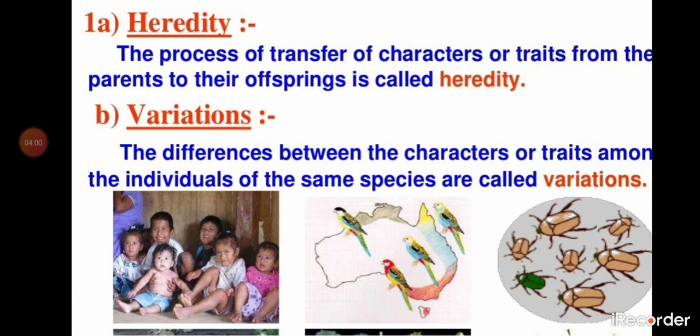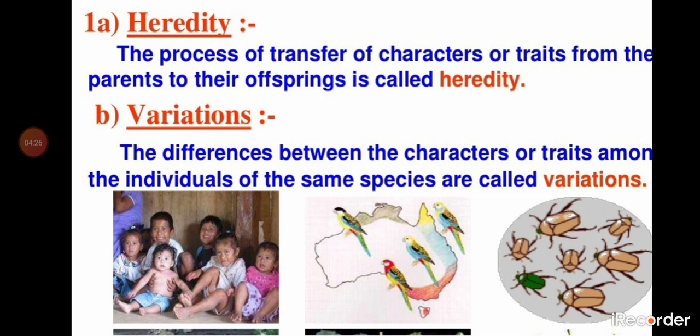Next we want to see what is variation. Now look at the slide. While passing the information from parents to offspring, automatically all children or babies won't be exactly similar to their parents. We can see some variation among the individuals of the same species.